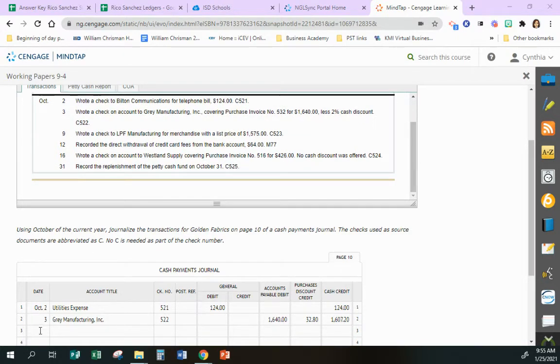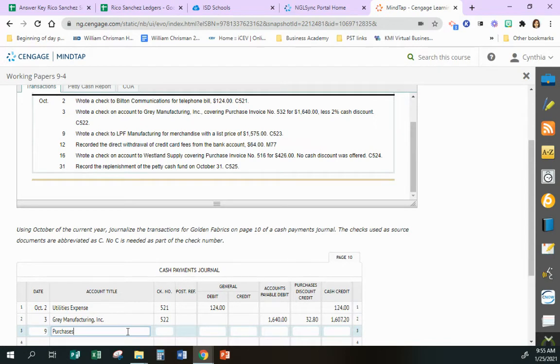And then on the 9th, we don't take advantage of any discount there. We are writing a check for a purchase of merchandise with a list price. So instead of buying on account, we're going to pay cash for it. So this one is a purchase of merchandise, but not on account. The purchases journal is only for purchases of merchandise on account.